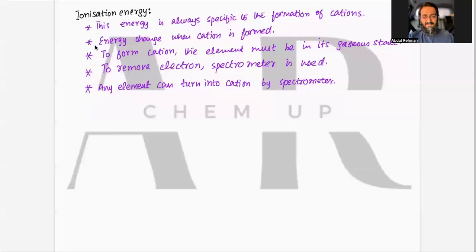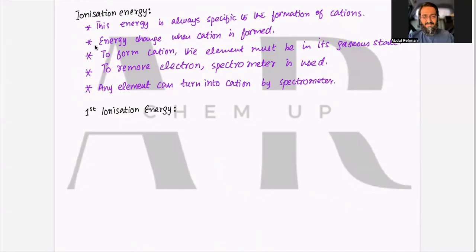Now, if I am able to remove one electron from one gaseous atom, and as we have discussed, when the electron is removed from the gaseous atom, that energy is called ionization energy.